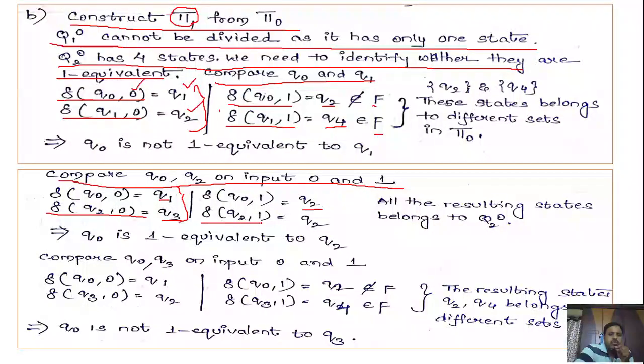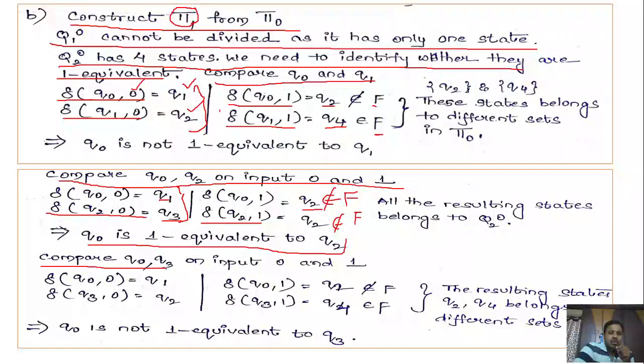Delta of q2 comma 1 is equal to q2. So again, delta of q0 on 1 is not giving the final state, and the same for delta of q2 comma 1. So here these two states are equivalent, so q0 and q2 must be kept in the same set.